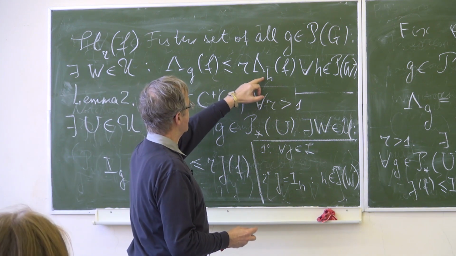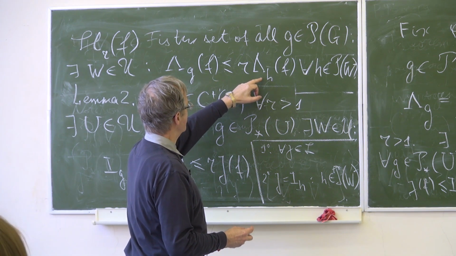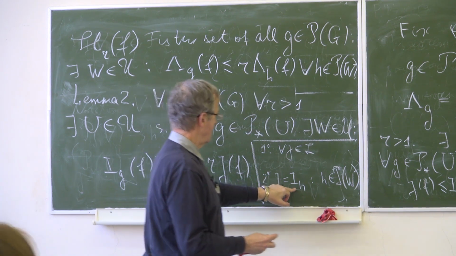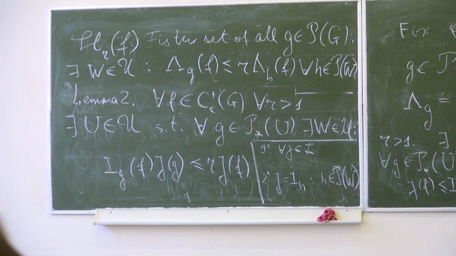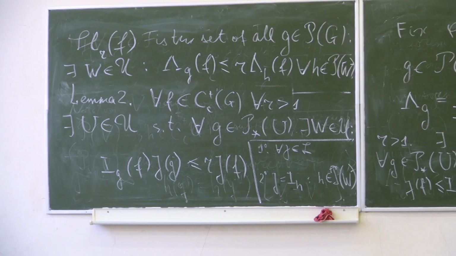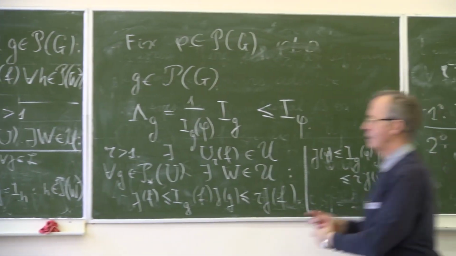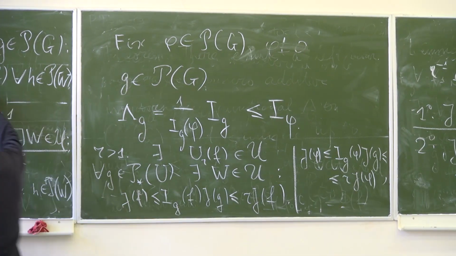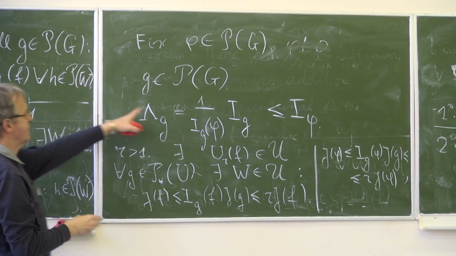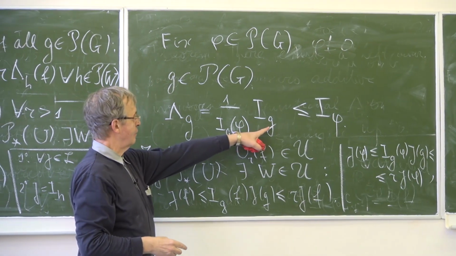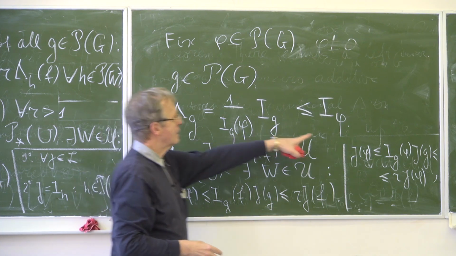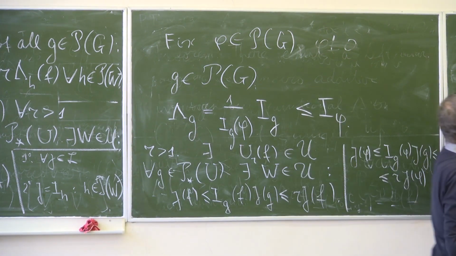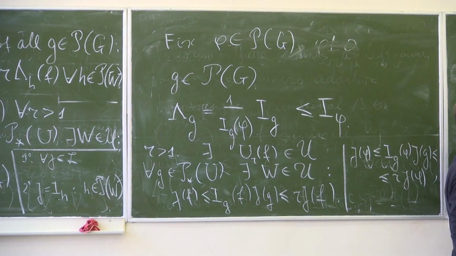We precisely need something like this here, because if you take J here equal to I sub h, we obtain precisely the functional which is mentioned here, lambda sub h. So lambda sub g is the following functional. When we put here I sub h, we obtain lambda sub h.